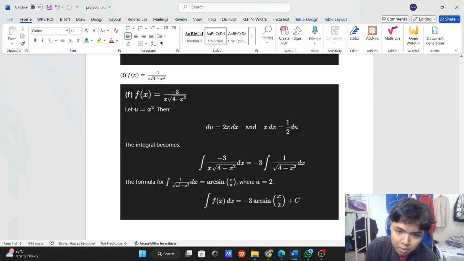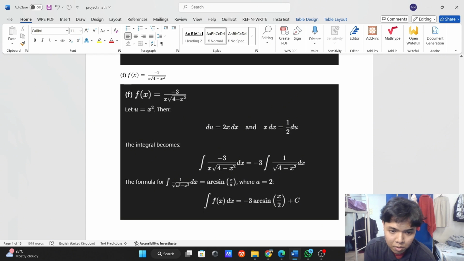The integral becomes, from the integral of negative 3 over x root of 4 minus x squared dx, it will become negative 3 as we factorize it out, the integral of 1 over root of 4 minus x squared dx.